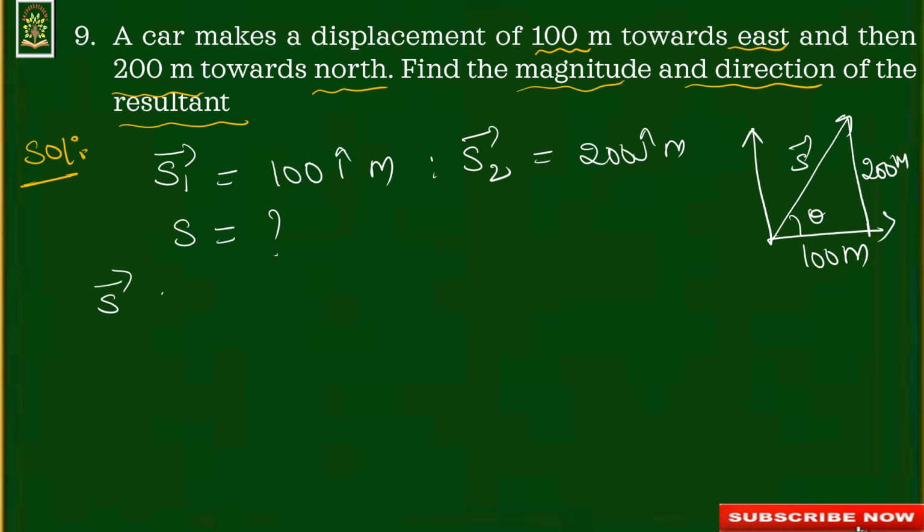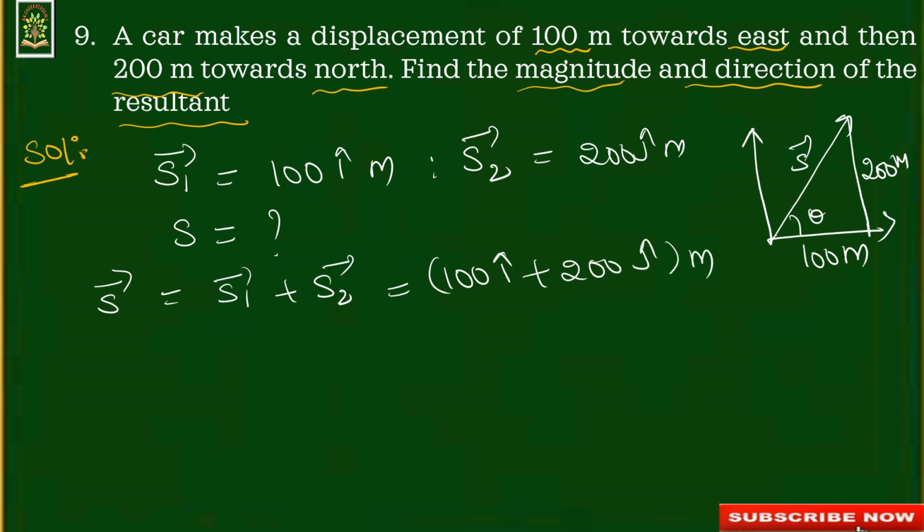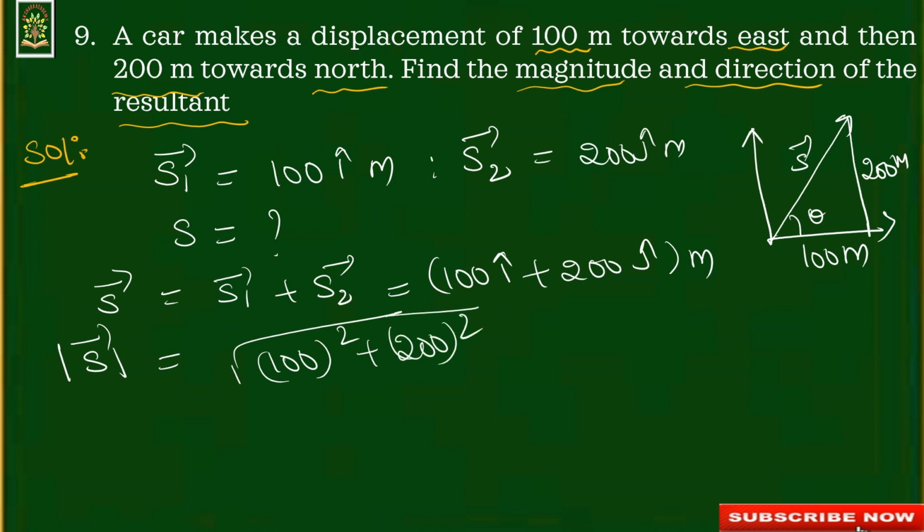So S bar is equal to S1 bar plus S2 bar, that is equal to 100 i cap plus 200 j cap meters. Now we calculate the modulus of S bar, that is equal to the square root of i component whole square plus j component whole square, 100 whole square plus 200 whole square under root.